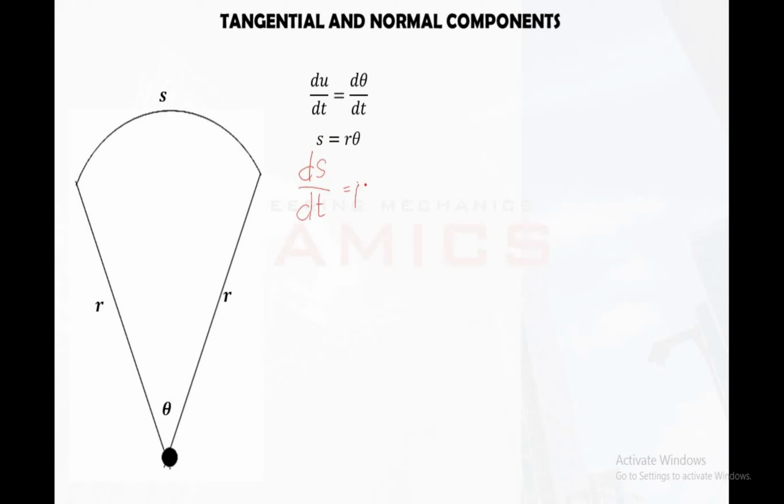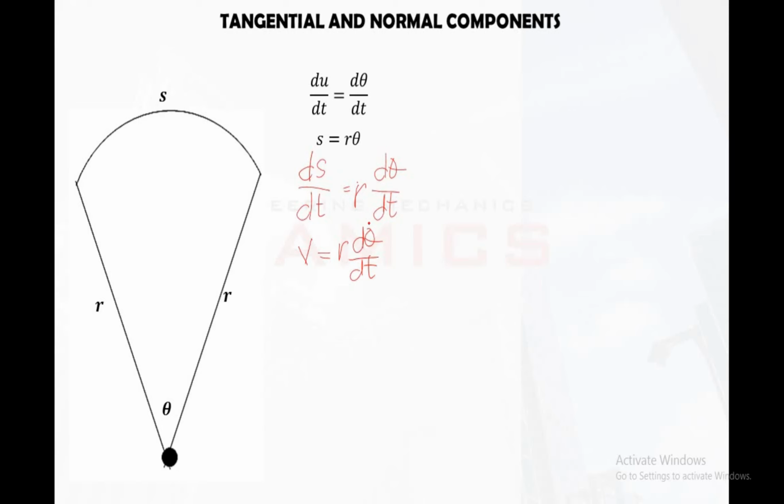Since r is a constant, ilalabas ko lang siya. So, I take the derivative of theta with respect to time. And I know that ds over dt is velocity. That is equal now to r multiplied by d theta over dt.